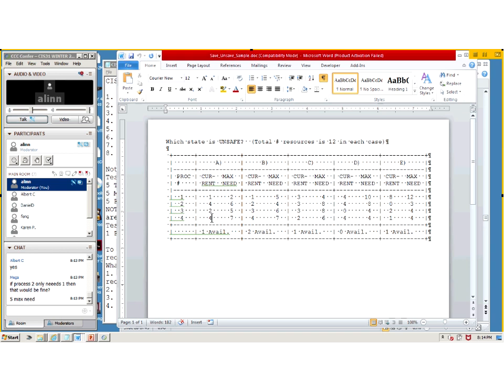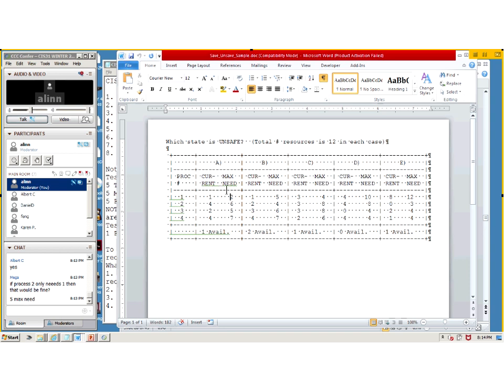We're looking at a current point in time. Process 2 could have already had its 6 and is now giving them back. But we can't predict what a process is going to do. So a process might hit an if statement that says, oh, I need more of the resource. So it's going to go back to get the 6. All right, so you got that thing going on too.